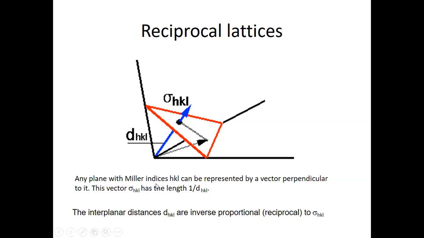So that vector defines a point in the reciprocal space, and we call it reciprocal space because of the inverse relationship between the length of the vector and the interplanar distance d in the real space.